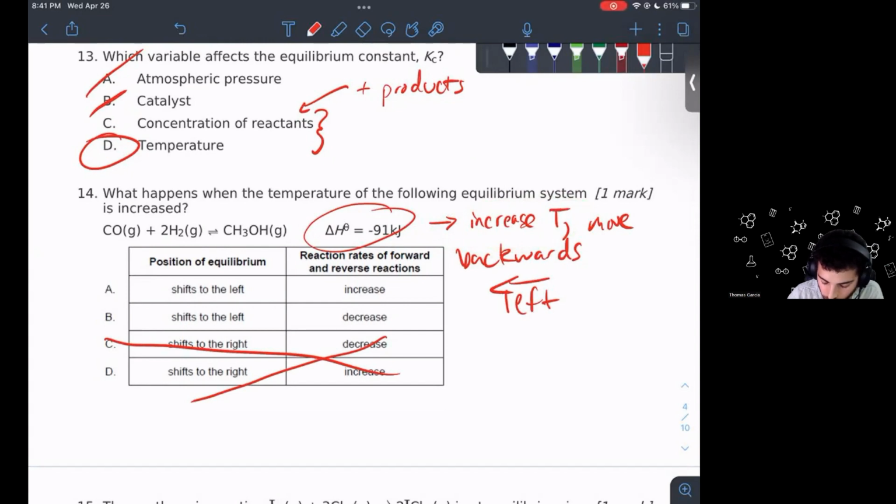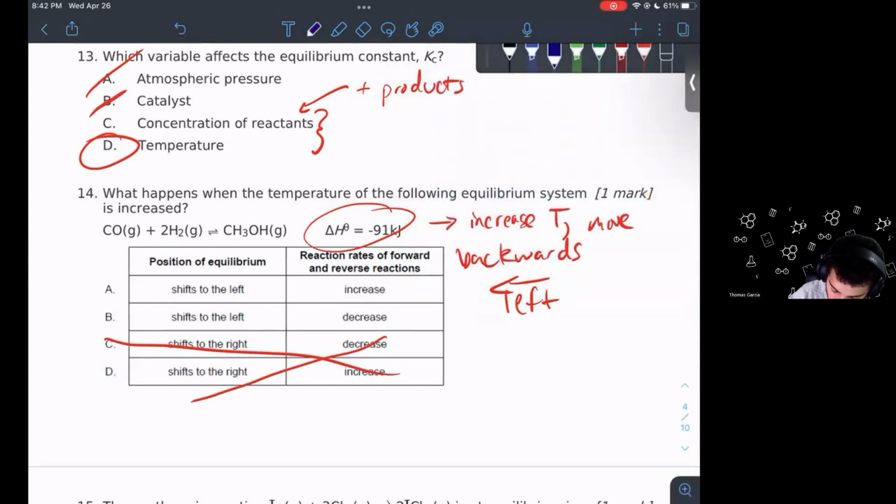All right. Now, reaction rates of forward and reverse reactions. Do they increase or do they decrease? And this one gets a little bit tricky. If we increase the temperature, we know it shifts to the left. Left always seems like a decrease. But we're only shifting the equilibrium.